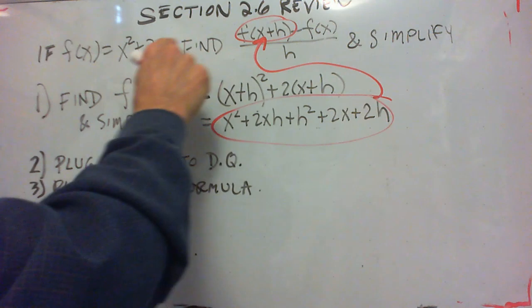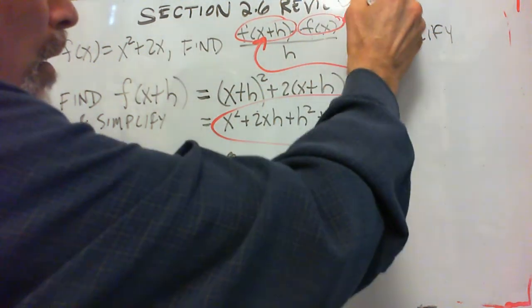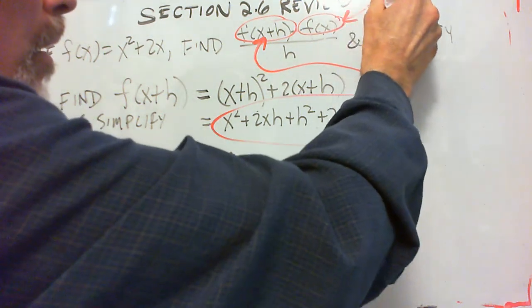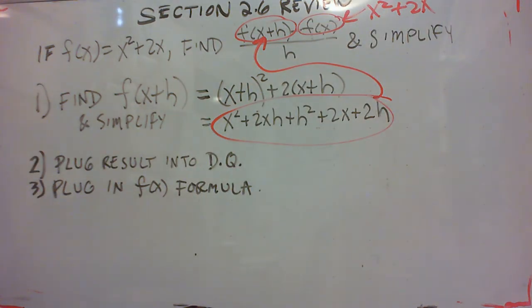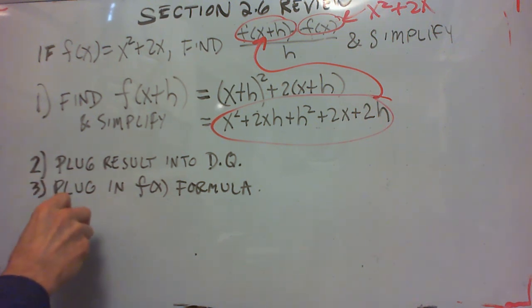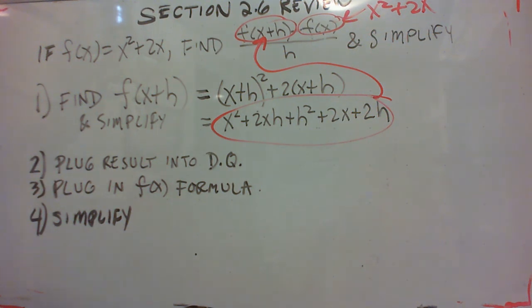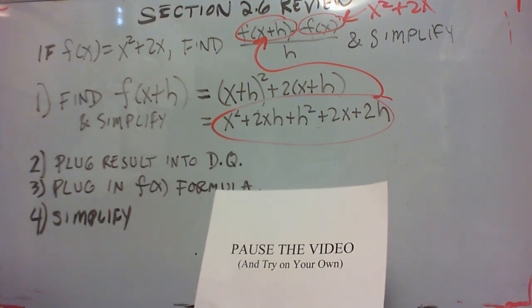So the f of x, you're going to put x squared plus 2x. And then, after you do that, simplify. So try this on your own. See if you can get this result to work out, or at least get most of the way through, and pause the video and try this.